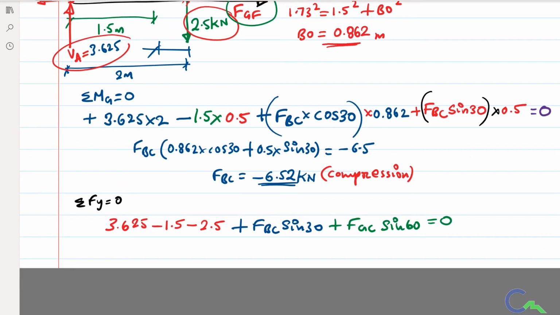So I already calculated FBC. If I substitute that, I will get the value of FGC. So 3.625 minus 1.5 minus 2.5. I will substitute as it is because I have not changed any direction according to the result. So I will substitute minus only.